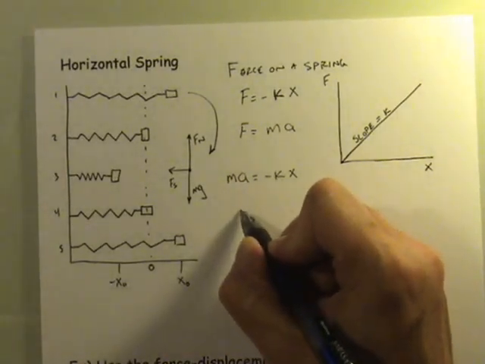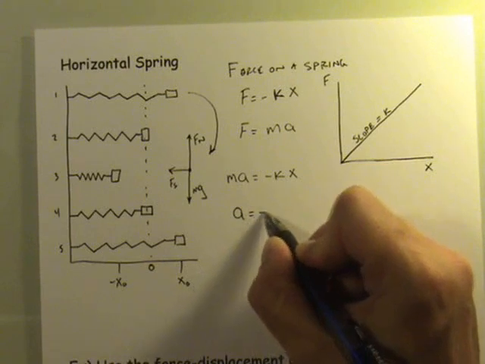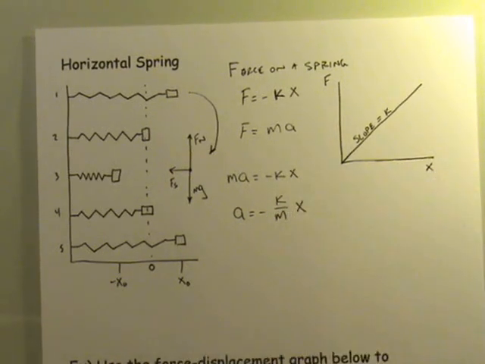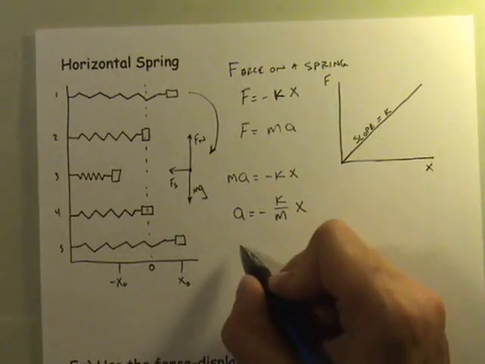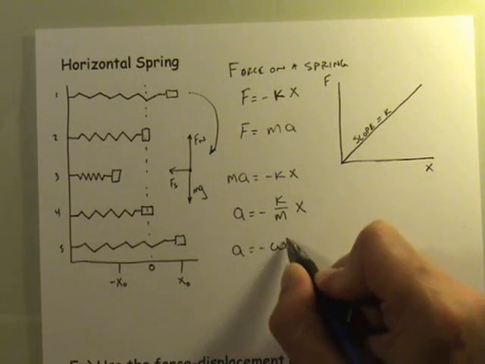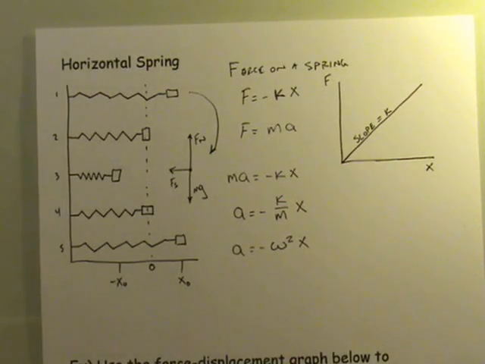Effectively, these two properties, k and m, are constants of that problem. So if we make the last final step, we get a is equal to minus k over m x. And of course that is the form of the simple harmonic motion equation, I should say.